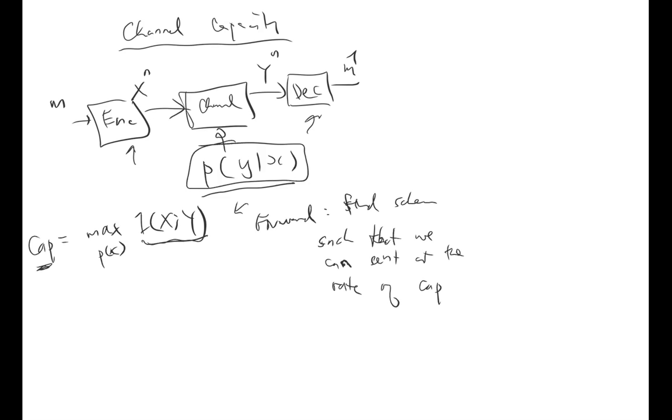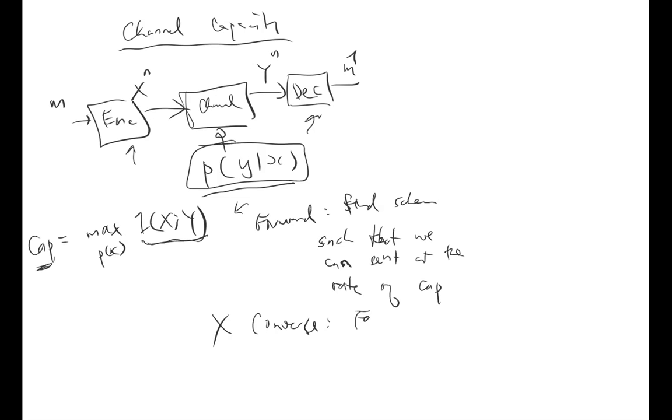And for the converse proof, I probably won't talk about it. Actually, the converse proof is very similar to what we talked about for the source coding theorem. We also gave a converse proof there, so you will probably need to go back to the earlier lecture. In the past I would talk about the converse proof, but this time I will skip it to save time.